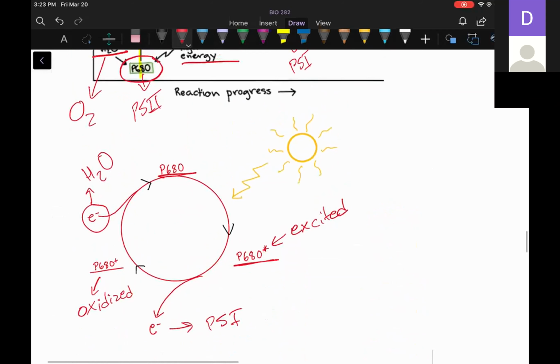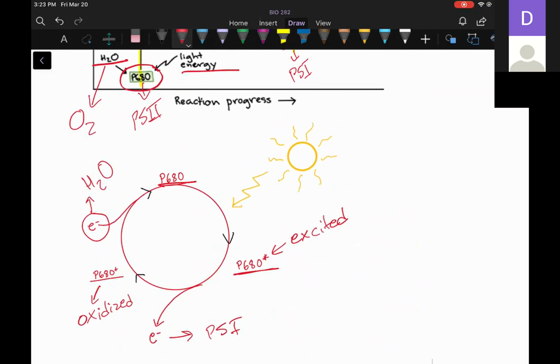Sure. So we have P680, which is photosystem 2. What happens first is our light, the photons of light, are going to come and hit photosystem 2. So that's kind of the kinetic energy that's going into photosynthesis. It's going to end up exciting those electrons, and it's going to go into P680 star, meaning that it's just excited.